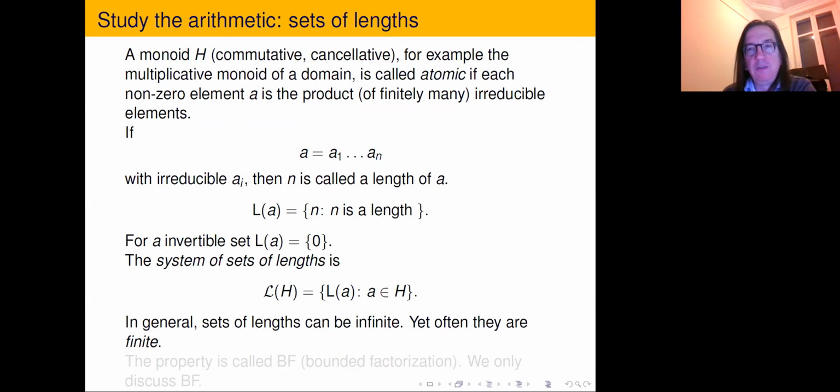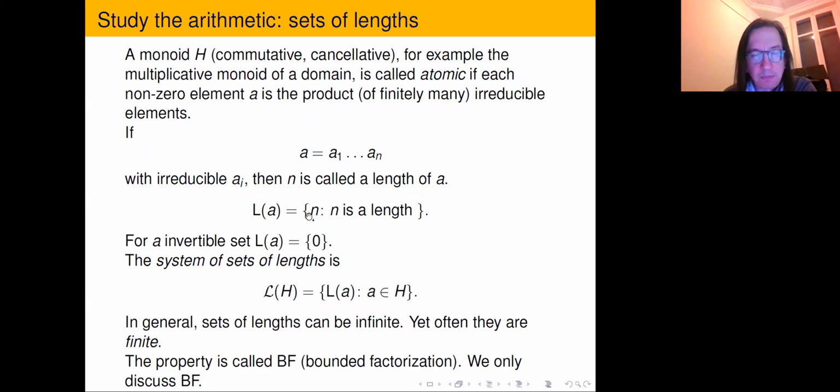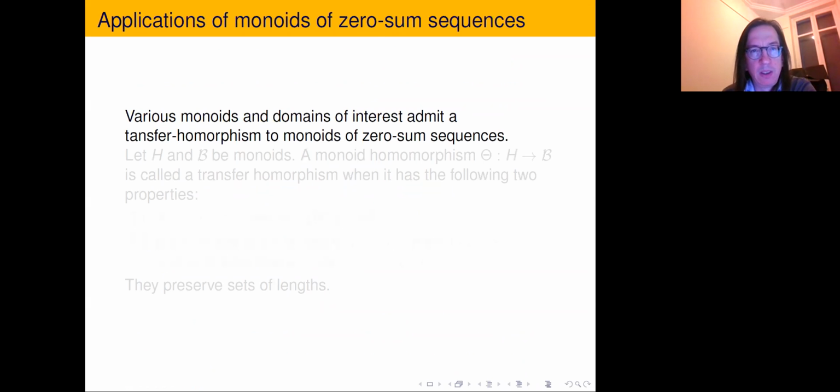In full generality, these sets of lengths could be infinite, but in our case, they will always be finite sets. So in some sense, one goal one can have is, given some monoid, to understand these sets of lengths. For instance, the monoid could be this monoid of zero-sum sequences over some given group.